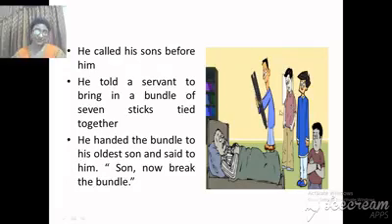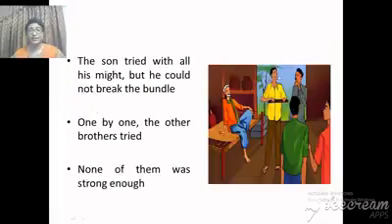He handed the bundle to his oldest son and said to him, "Son, now break the bundle." The son tried with all his might, but he could not break the bundle. One by one, the other brothers tried. None of them was strong enough.